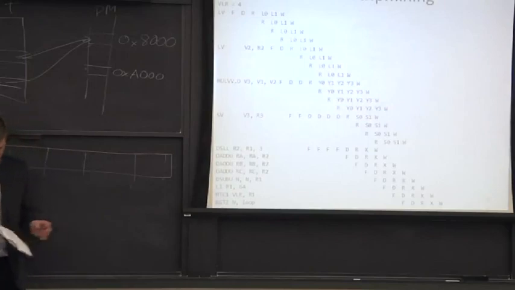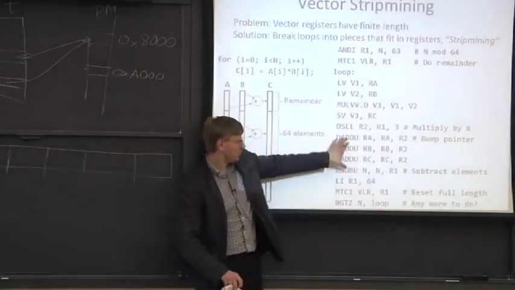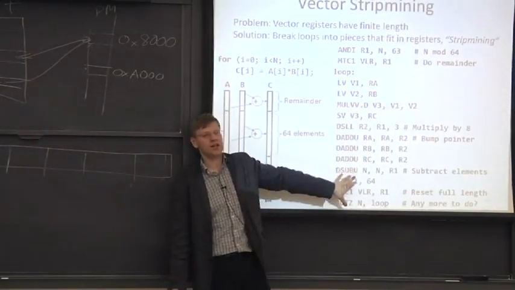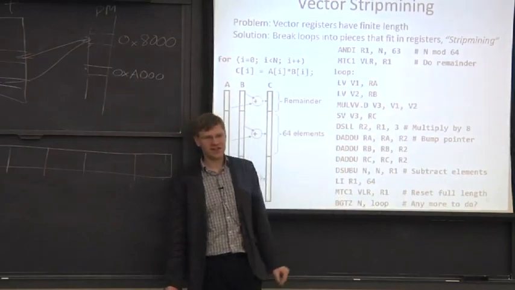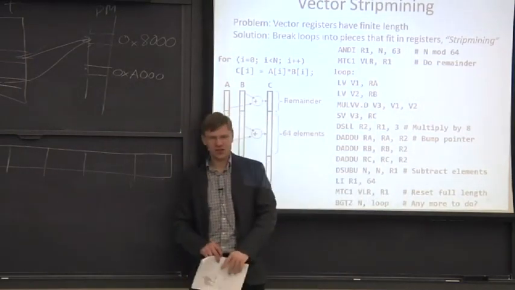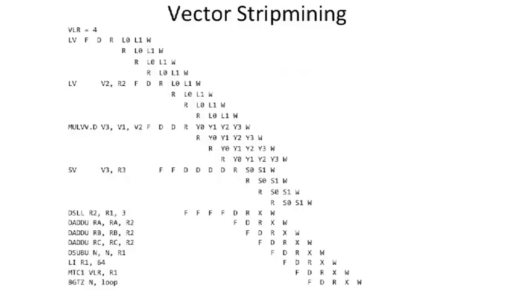So let's look at a code example here. Oh, yeah, I wanted to say a lot of this stuff here is overhead. It's sort of extra overhead. And for short vector lengths, this can be a problem. For longer vector lengths, this starts to go away. So here we have vector strip mining.